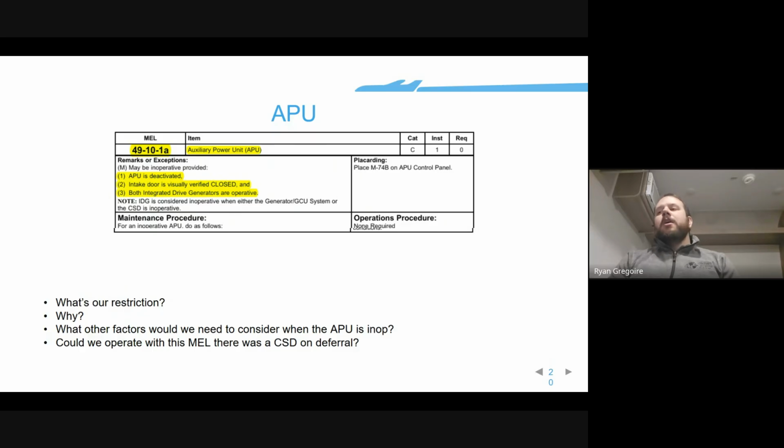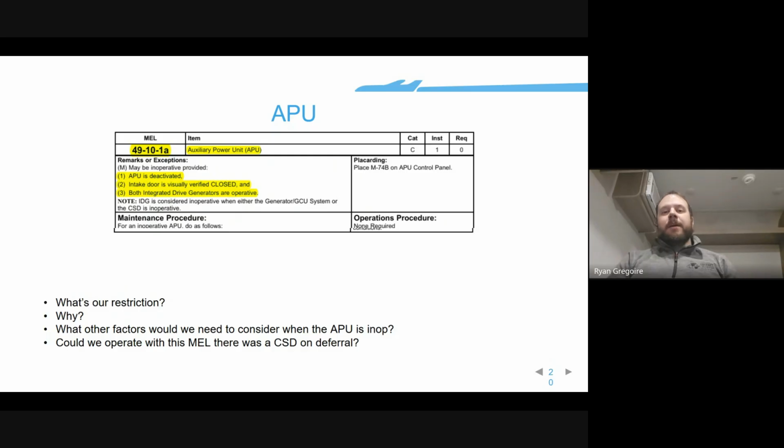Now, depending on the way that your airline is set up, that might be something that you as the dispatcher need to ensure is available by directly contacting the station, or you would need to talk to someone like a system controller or a tail router or a sector supervisor to ensure that they have reached out to the station to confirm the availability of an air start or ground power.